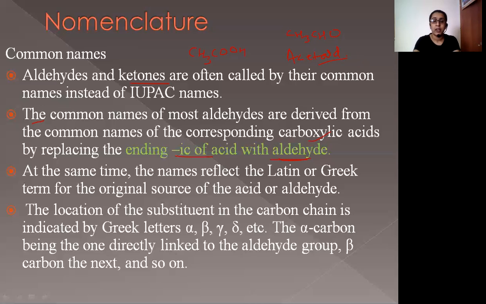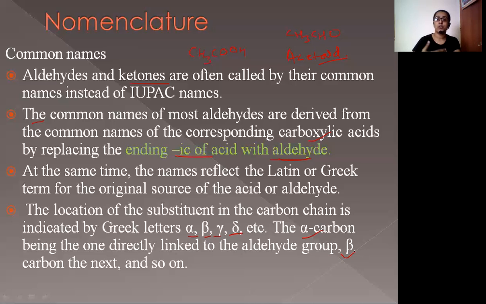Now, if there are substituents, we will name them accordingly: alpha, beta, gamma, delta. The carbon atom which is directly linked to the aldehyde group is your alpha carbon, and the carbon atom next to alpha is beta, the carbon next to beta is gamma, next to gamma is delta, and so on.